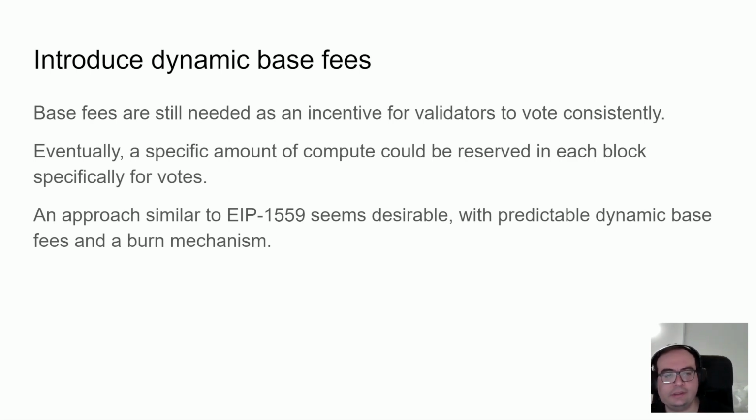You need something like this. But the innovation discussed in this blog post would be to have, again, an approach similar to EIP 1559, but for the base fees. And yeah, the base fees will go up or down depending on demand, and there will be a burn mechanism.